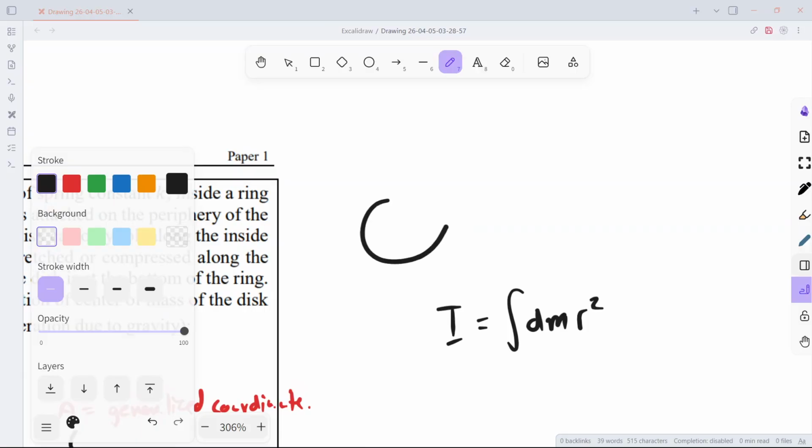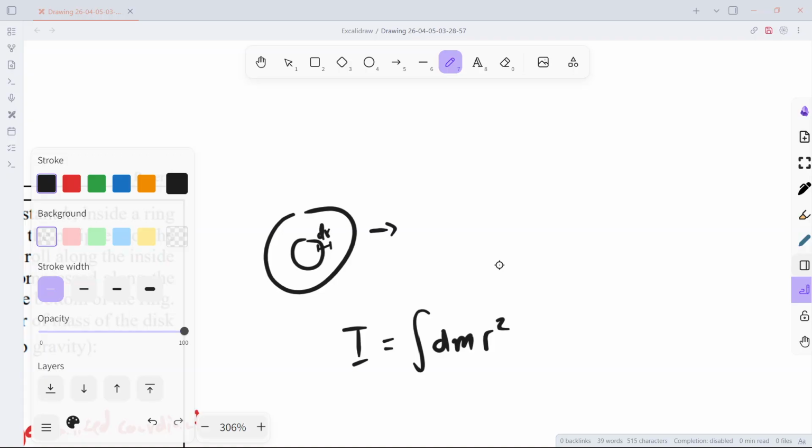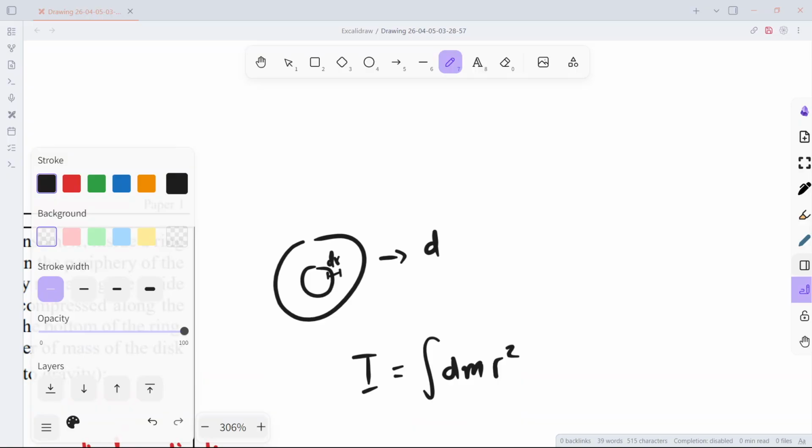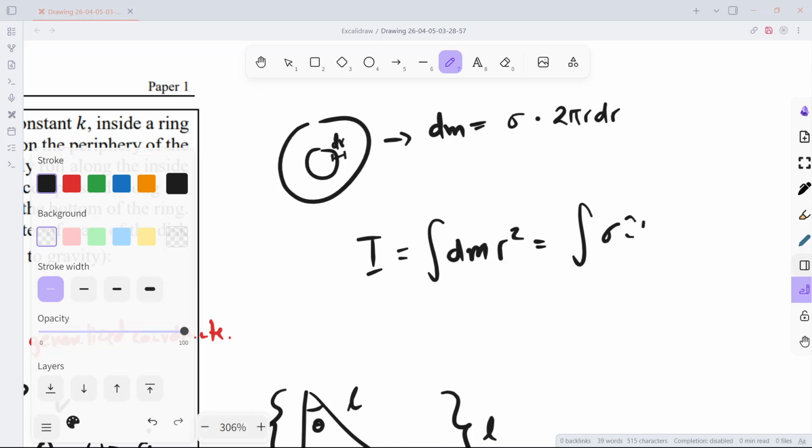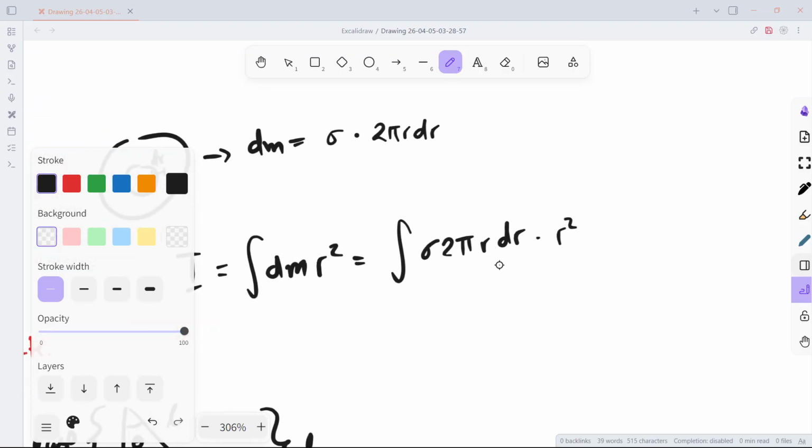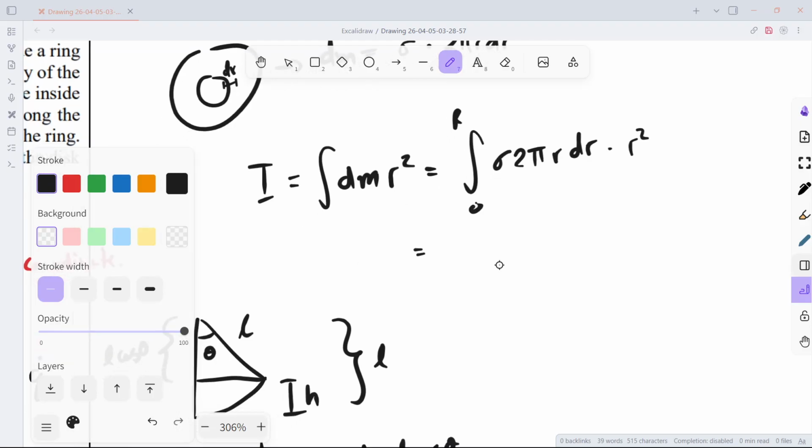I would break it down into tiny rings of thickness dr. So the mass dm would be some density sigma times the area 2 pi r dr, so sigma 2 pi r dr times r squared from 0 to R, and sigma is the mass m over pi r squared.